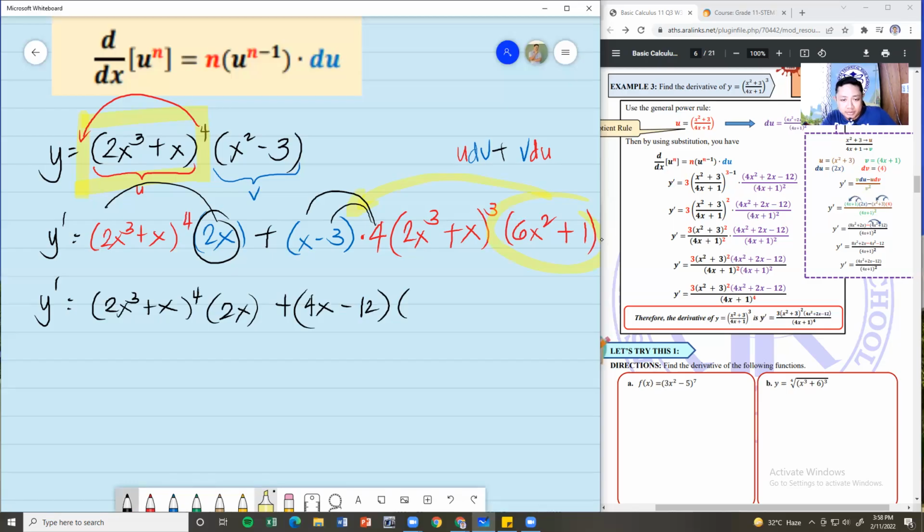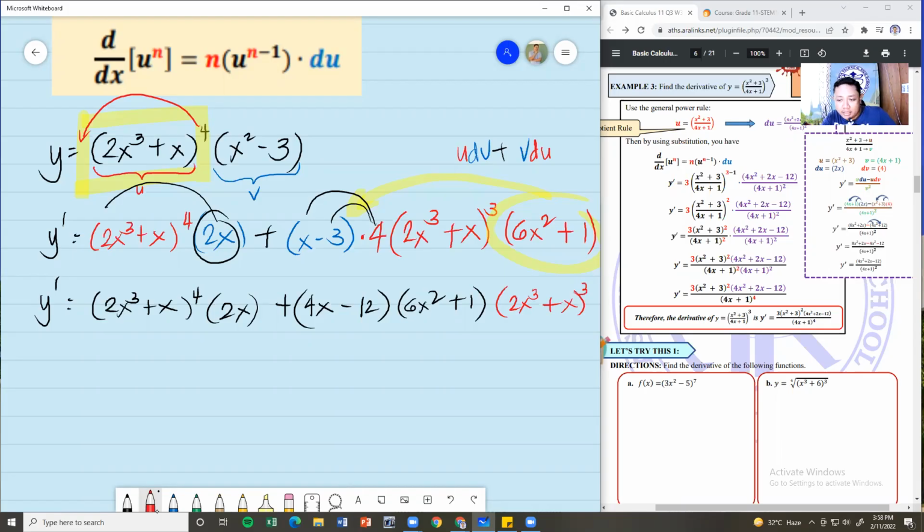So that becomes 6x squared plus 1. Okay? And finally, let's put this one at the last, the one with the exponent. So I'll change the color so we don't get confused. So that becomes 2x squared, I mean 2x cubed plus x raised to 3.